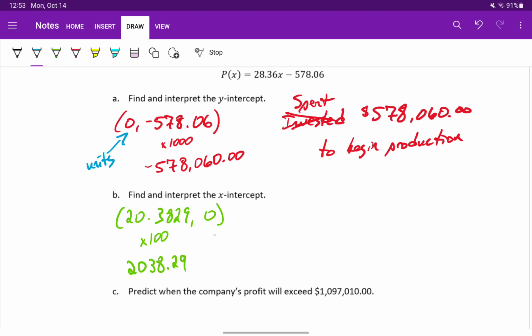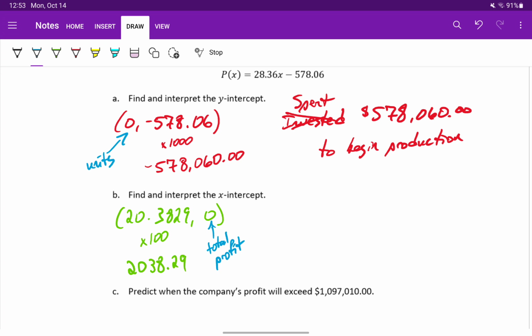Now looking at our x-intercept, our y value, our function value, is 0, and that's our total profit. We started off with a negative total profit. Eventually our company will become profitable because our profits will become positive.